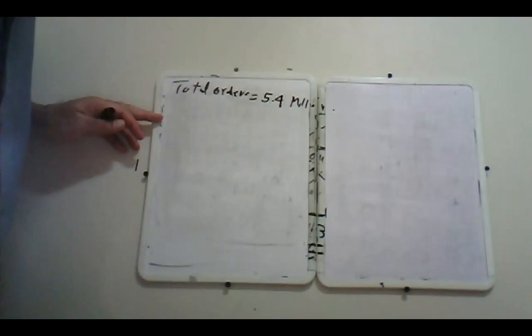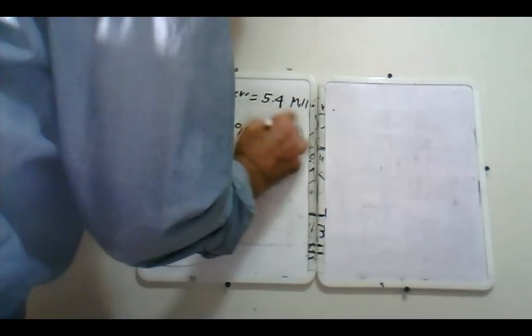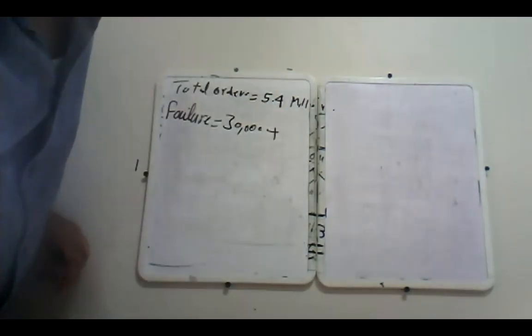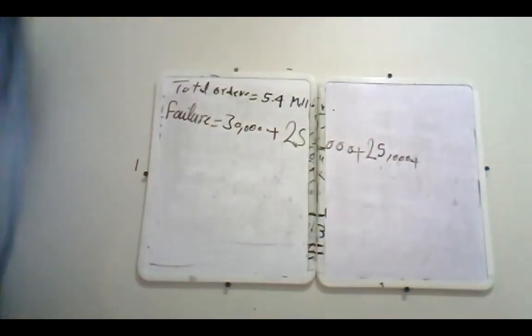Okay. Now the failure. We will count the failure alone. So the failure is 30,000 delivered late, plus 25,000 orders incomplete, plus 25,000 damaged, plus 20,000 billed incorrectly.